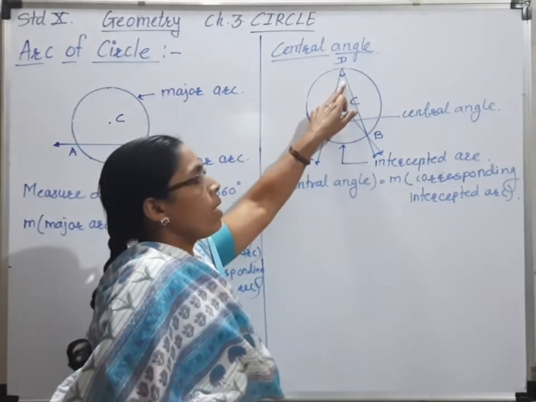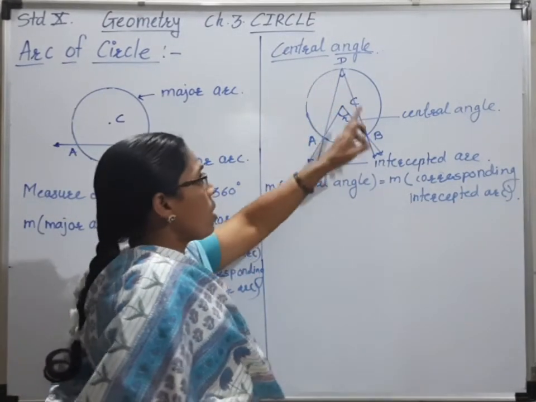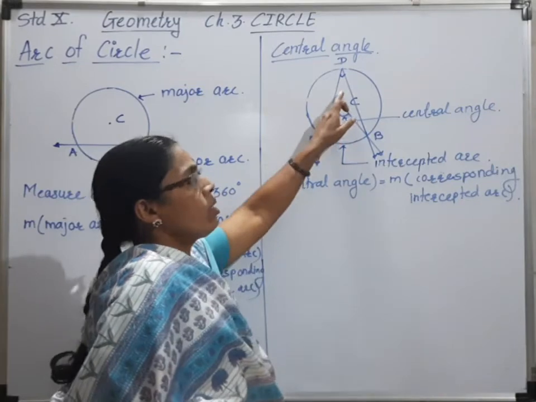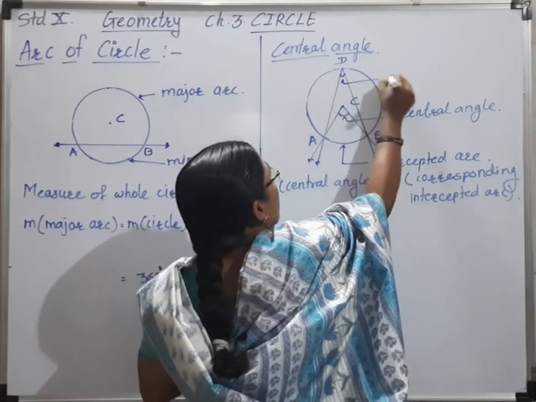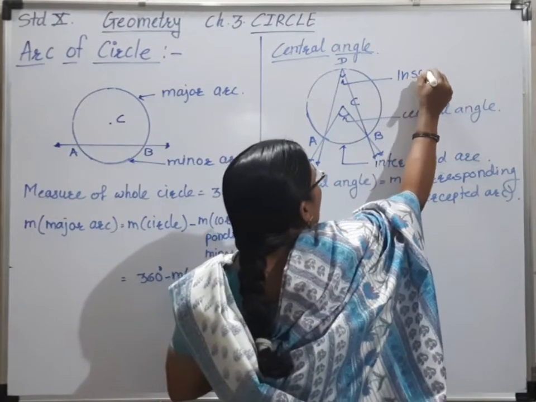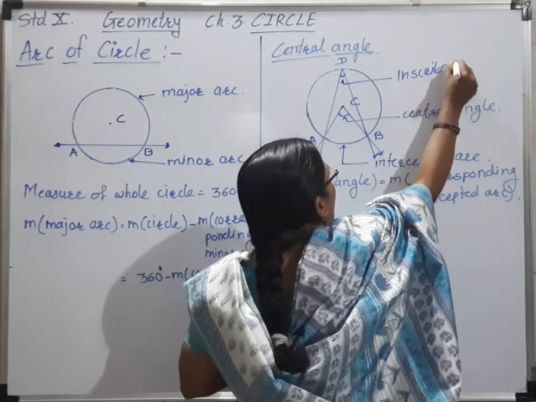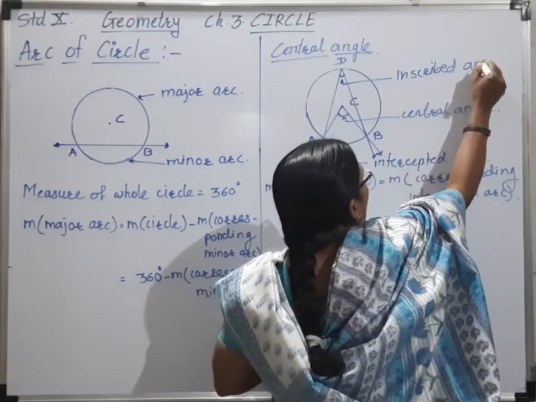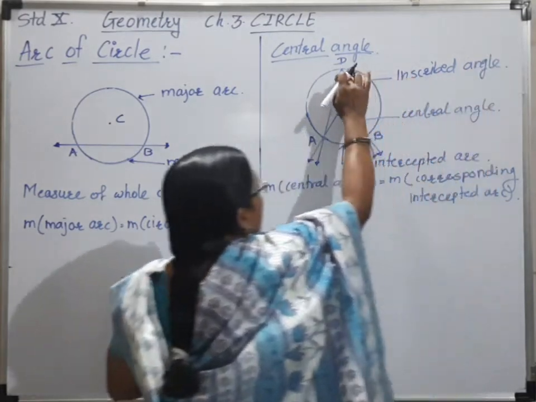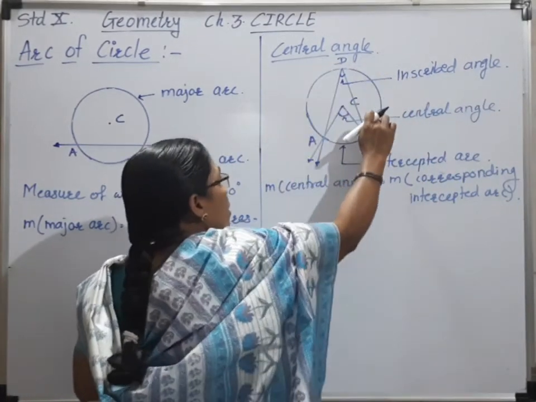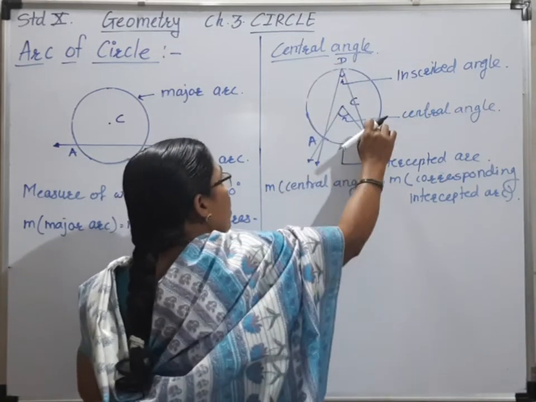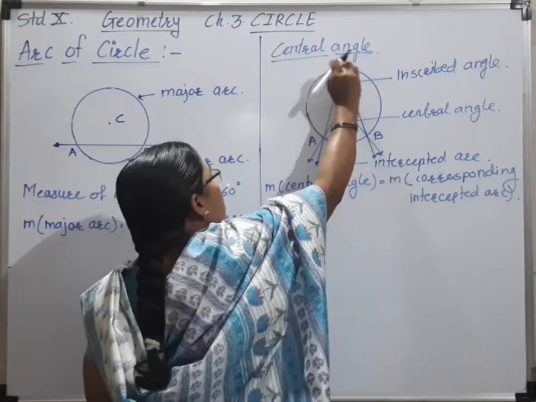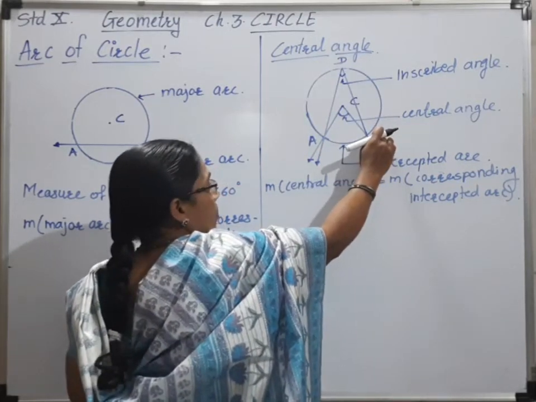The vertex of this angle is on the circumference of the circle, that's why it is an inscribed angle. And this angle ADB is inscribed in this arc ADB.